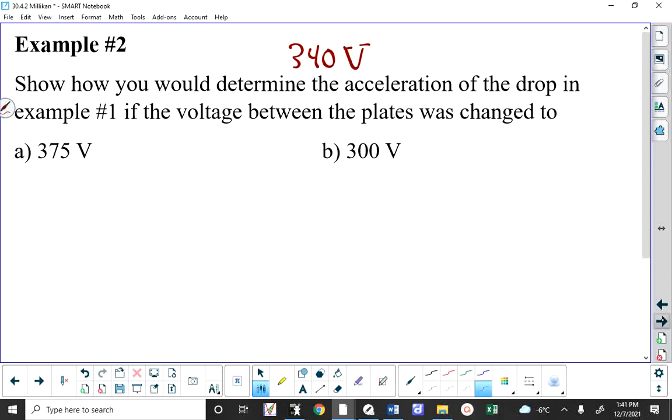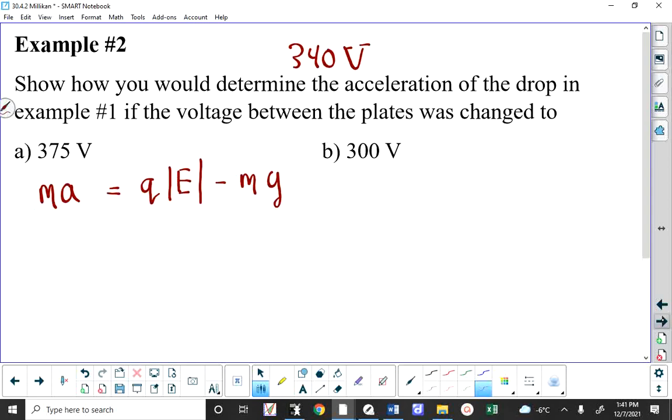It's going to start accelerating up, isn't it? Because increasing the voltage will increase the electric force, and right now at 340, the two forces are equal. So if I increase the electric force, it's going to be a greater force upward. It's going to accelerate up, which would mean that the net force would be equal to the electric force minus the force of gravity, because the electric force is the bigger force, upwards.